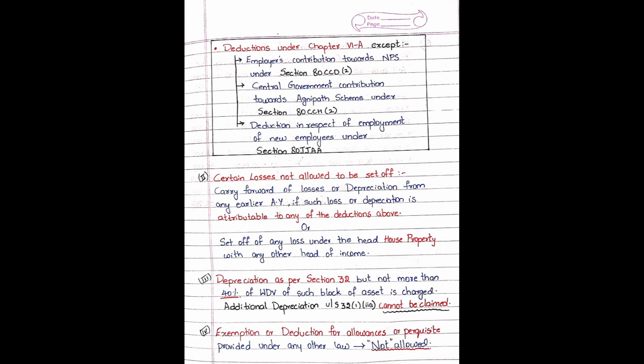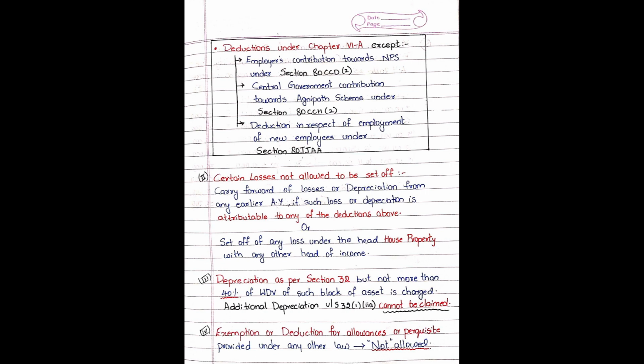That is what I have mentioned in the notes. Carry forward of losses or depreciation from any earlier assessment year, if such loss or depreciation is attributable to any of the deductions above, is not allowed.